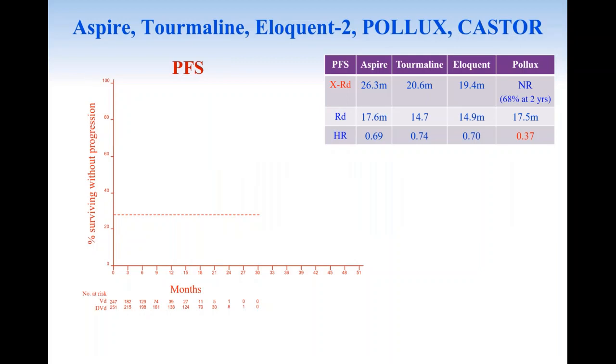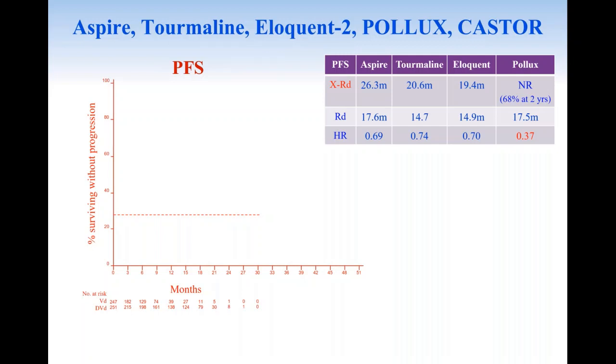First of all, we look at the median progression-free survival from the control arm, that's the RD arm. You see that the median PFS from the control arm of RD ranges from 50 months to 70 months. So I would say that, given that there is still a lot of heterogeneity, the control arms differ but have a comparable median PFS.